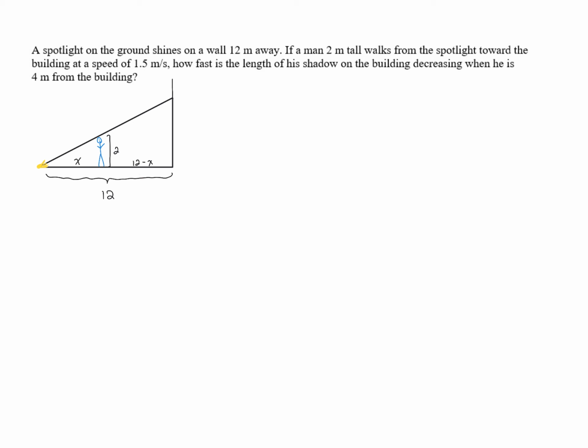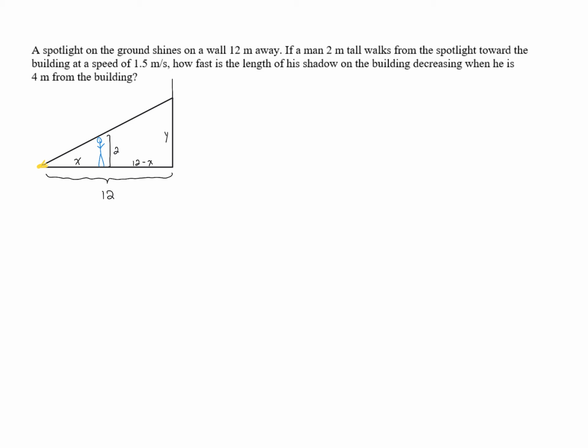But I think the math is going to be a little bit easier if we let this be x right here. And then the height is also going to be something that changes, because if that man is closer to the wall, then the angle is different and we've got a shorter shadow. So I'm going to call that y.